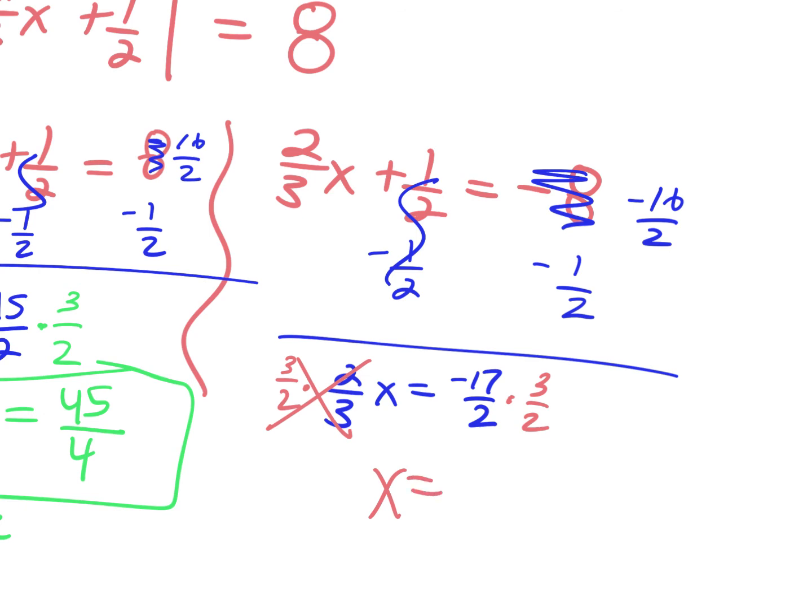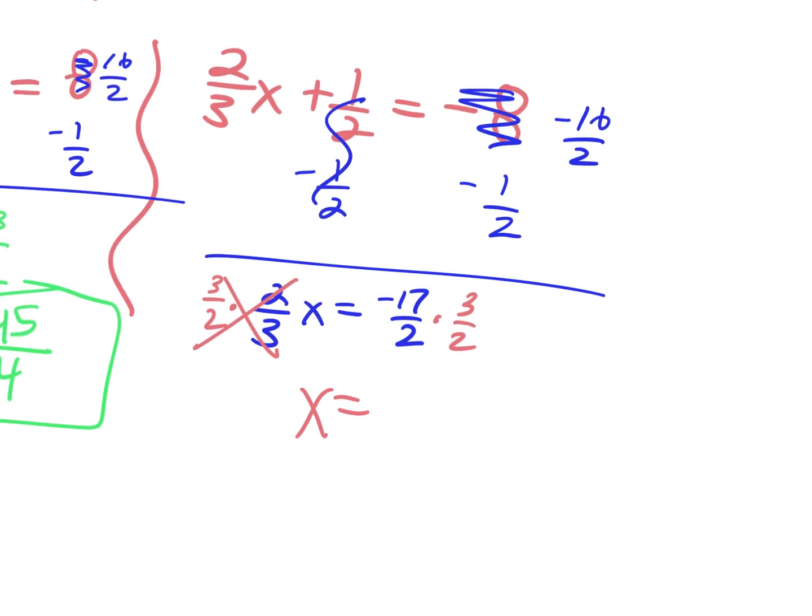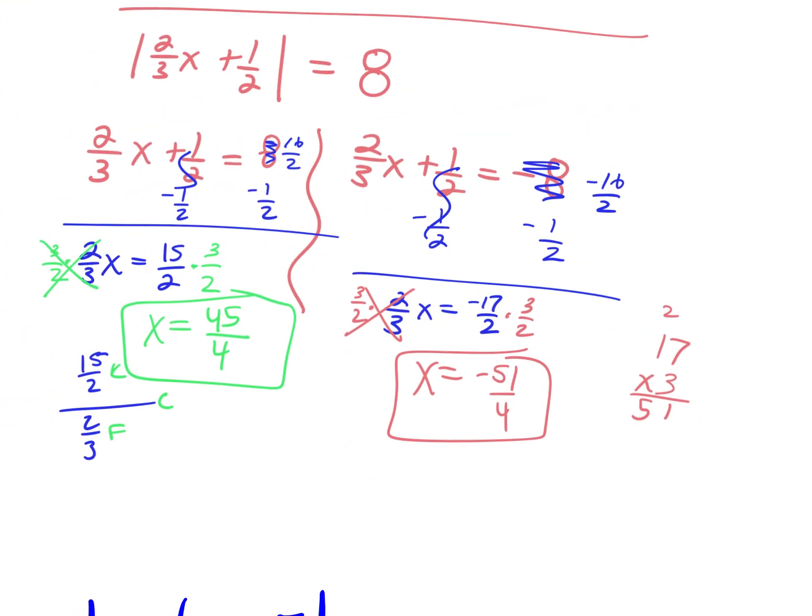So x equals 17 times 3. If you don't know that in your head, which is totally fine, I want to see on your paper 17 times 3. 3 times 7 is 21, carry the 2. 3 times 1 is 3, plus 2 is 5, so -51 over 2. And what should you do with your answer? You should check it.